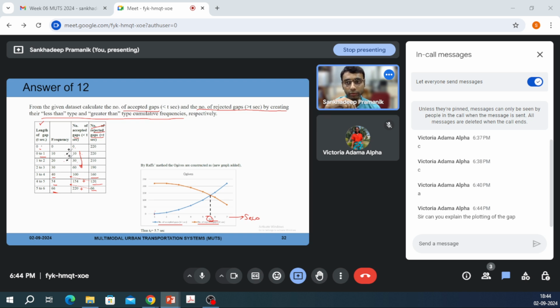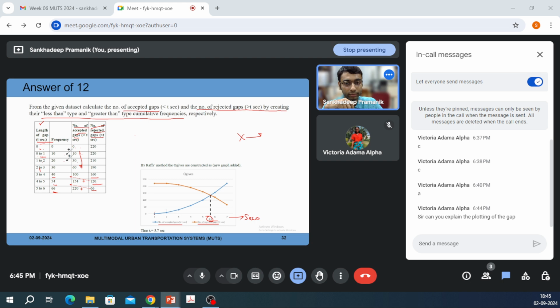For 0 to 1 you can take the mid value, maybe 0.5, or for 1 to 2 you can take the value of 1, like that. Maybe the graphs are not plotted as per the scales, but on the x-axis it will be length in seconds, like 0, 1, 2, 3, these mid values, and on the y-axis it will be the number of accepted gaps, like 0, 10, 30, 60.